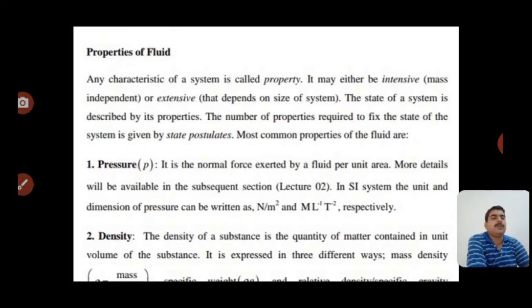Therefore, the dimensional unit of pressure is ML^-1 T^-2, as we can easily see on the diagram.